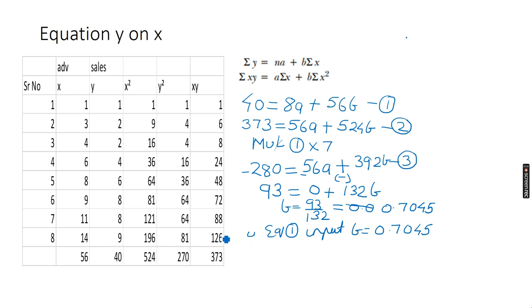So let's solve that. 40 is equal to 8a plus 56. Now we know the value of b, that is 0.7045. Therefore 8a plus 39.45.